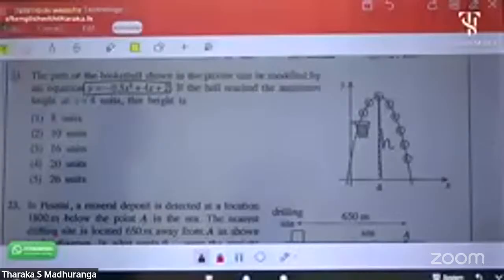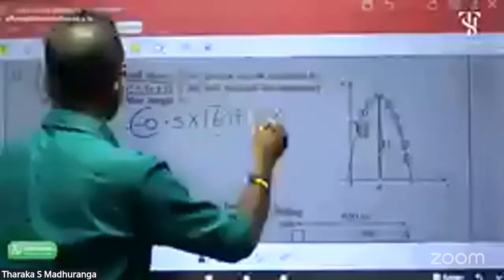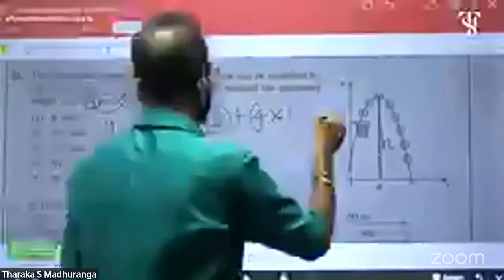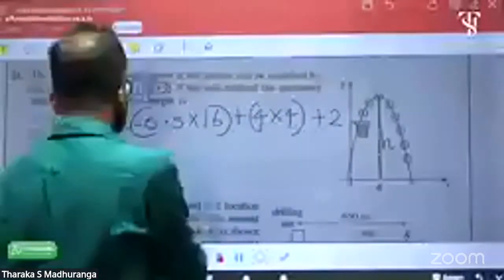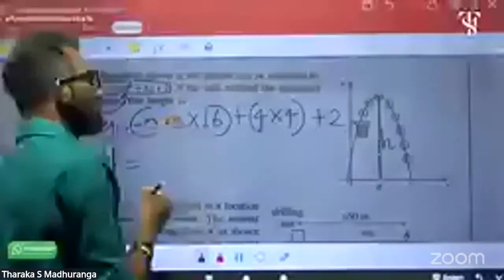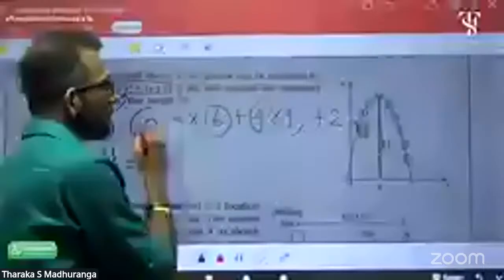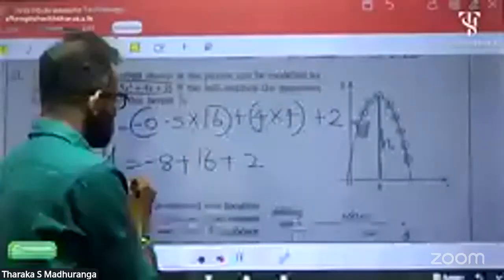Y equals minus 0.5 x squared plus 4x plus 2. Minus 0.5 into 16 is minus 8, plus 4 into 4 is plus 16, plus 2.